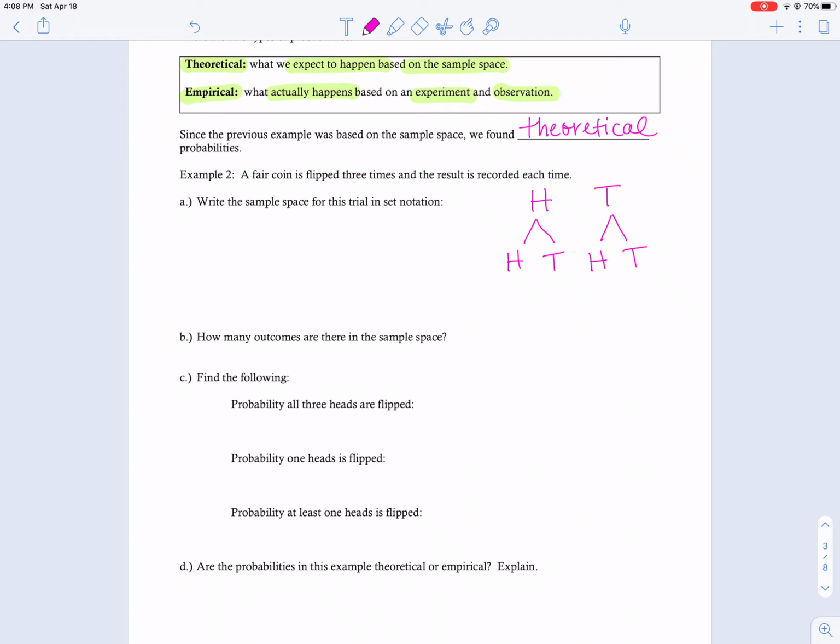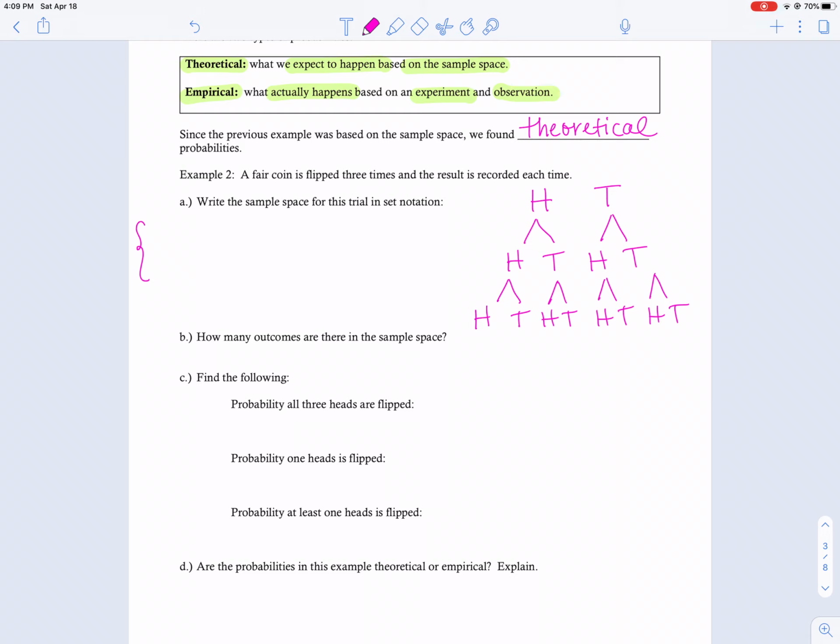That's your second flip. Now, if you flip it again, you could get heads or tails, heads or tails, heads or tails, heads or tails. So you could write it like that as a tree diagram, or you now can write out your sample space.